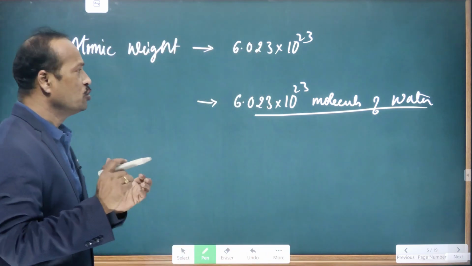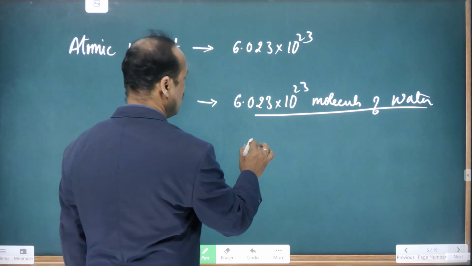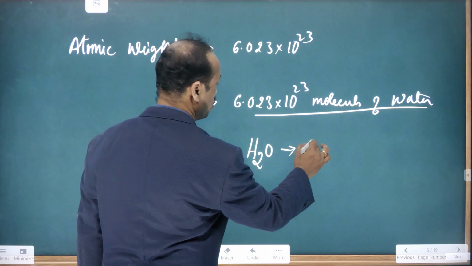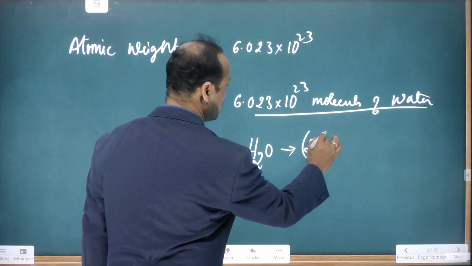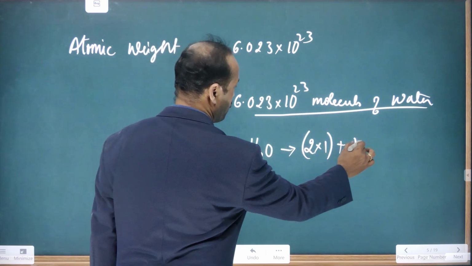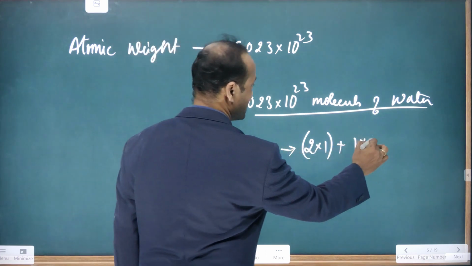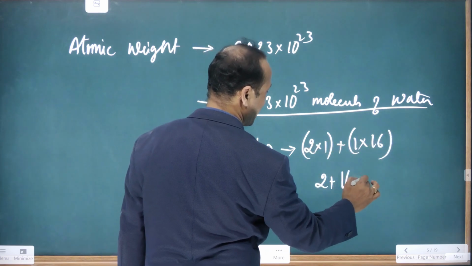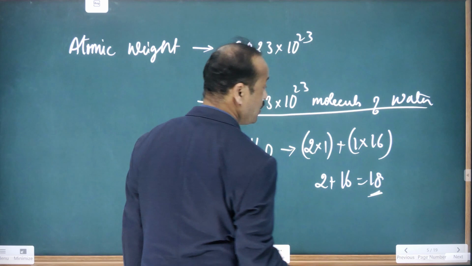What is its weight? So you know the formula of water is H2O. So how many hydrogens are there? 2 hydrogens. Hydrogen mass is how much? 1. Plus how many oxygens are there? Only 1. What is the mass of oxygen? 16. So 2 ones are 2, plus 16 is equal to 18. What is this 18?